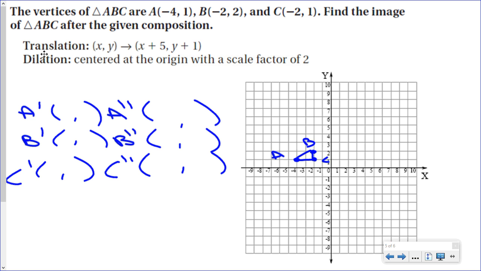You're going to take the y coordinate and add 1, giving you 1, 3, and 3. You'll take the y coordinate, add 1, which will give you 2, 3, and 2. We'll plot those. That is going to be your image.